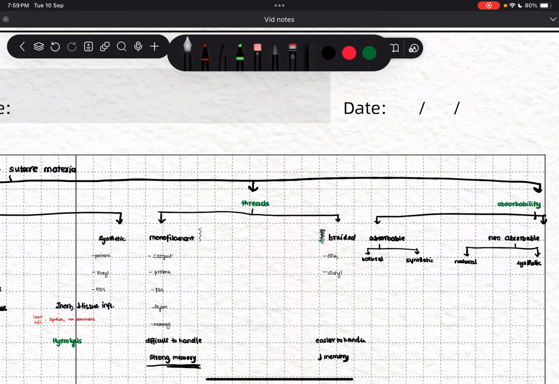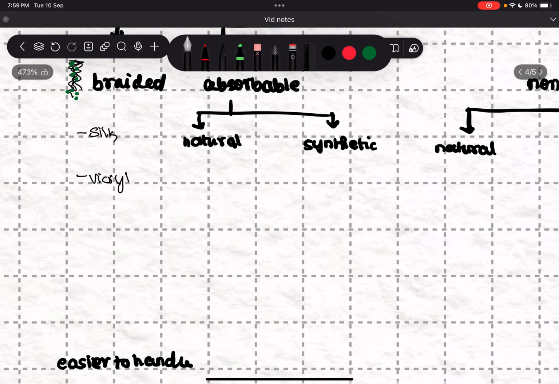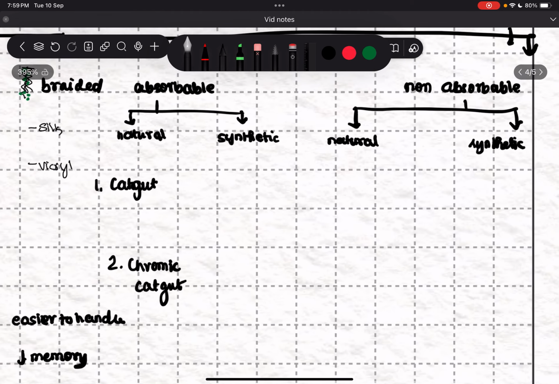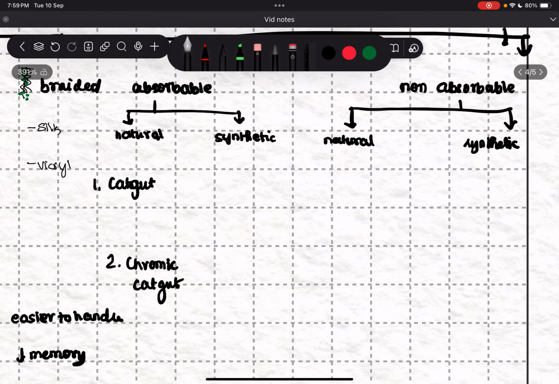Natural absorbable sutures include the following: catgut, then chromic catgut. Synthetic absorbable sutures include monocryl and vicryl, then polydioxone, that is the PDS which I have been writing.